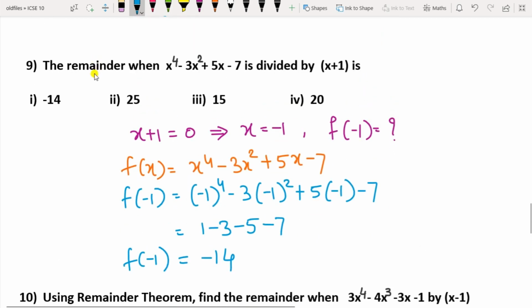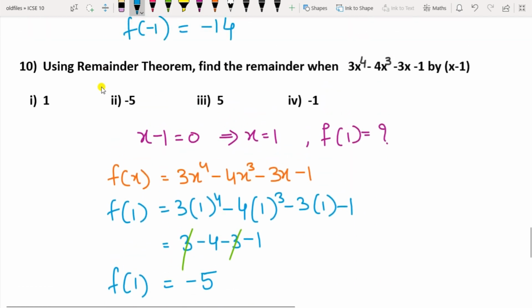Question 9. The remainder when x raised to 4 minus 3x square plus 5x minus 7 is divided by x plus 1 is. Here you have to find the remainder. Equate the divisor with 0 and you get the value of x. So you have to find the remainder, that is f(minus 1). Substitute x equal to minus 1 in the given equation. So you get f(minus 1) as minus 14. So minus 14 is the correct option.